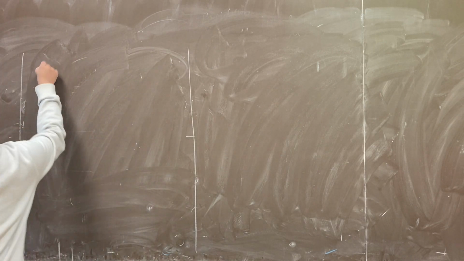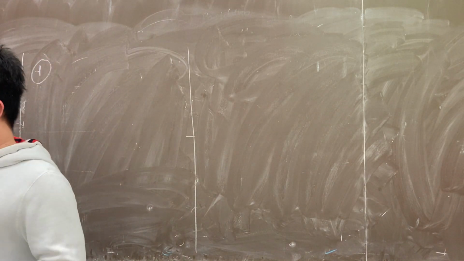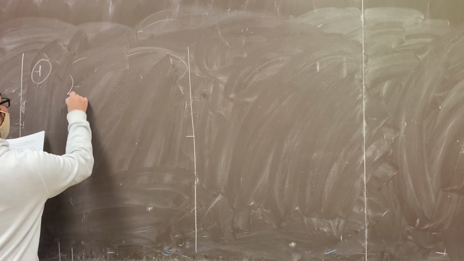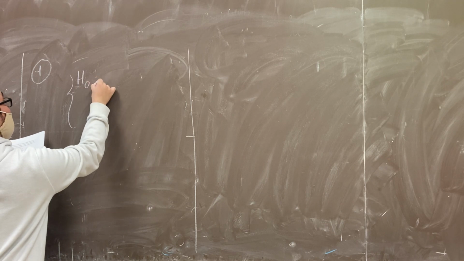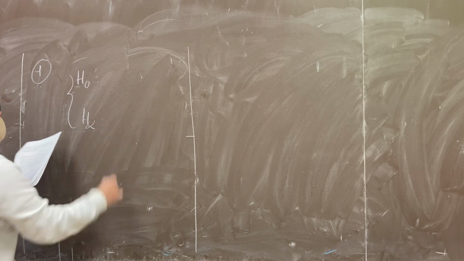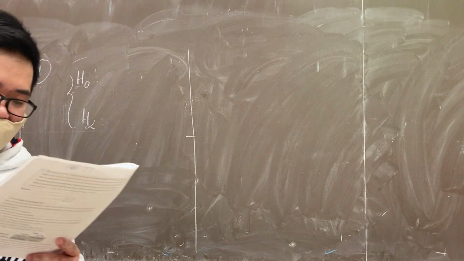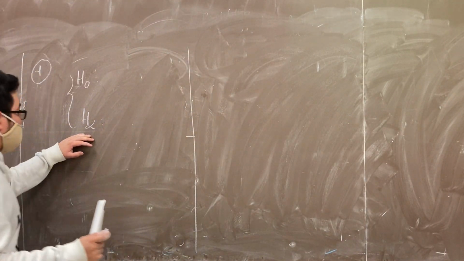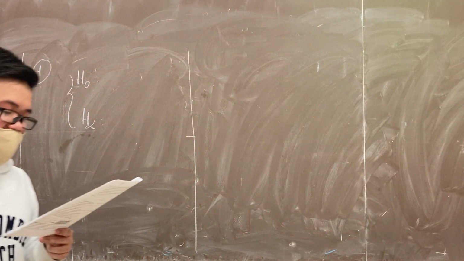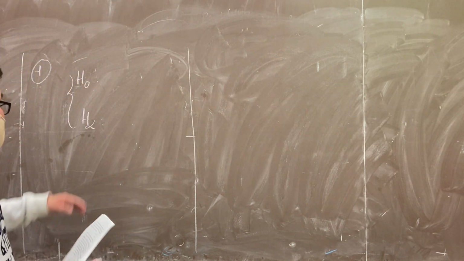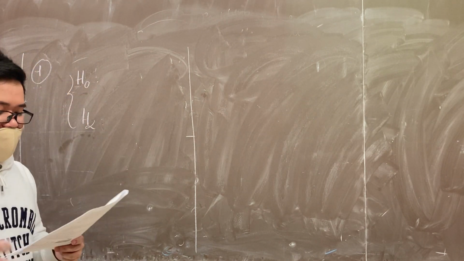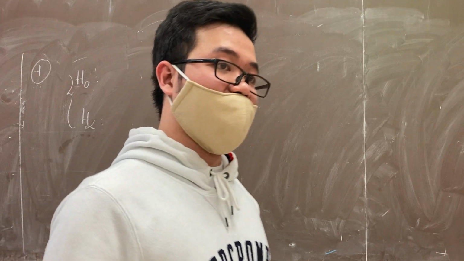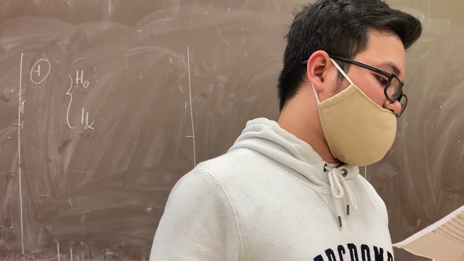Question 1. We have 2 kinds of hypothesis, H0 and H alpha. So the alternative hypothesis belongs to the researcher, and the null hypothesis belongs to the original. That's the keyword. So we look at this one.